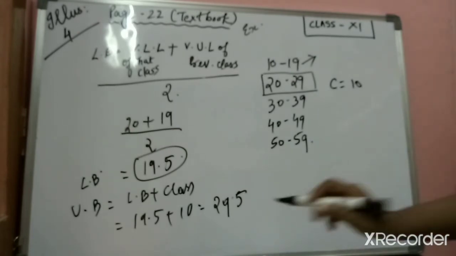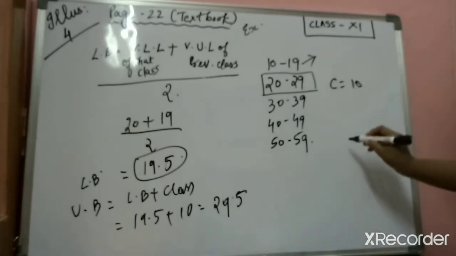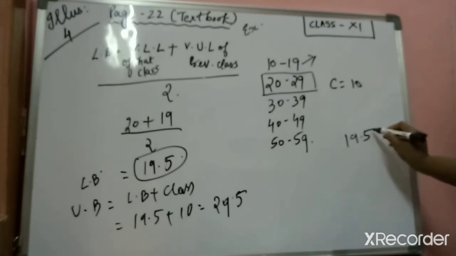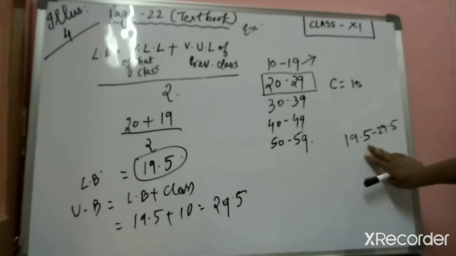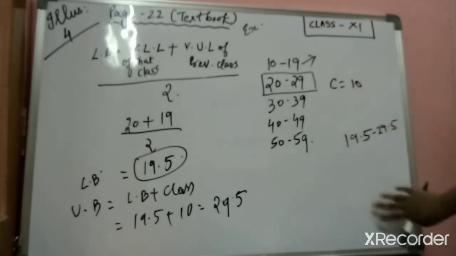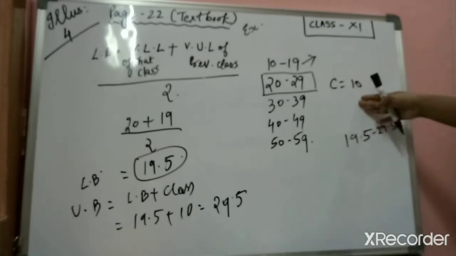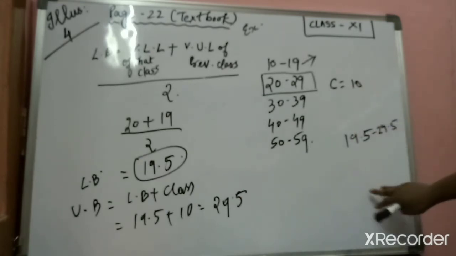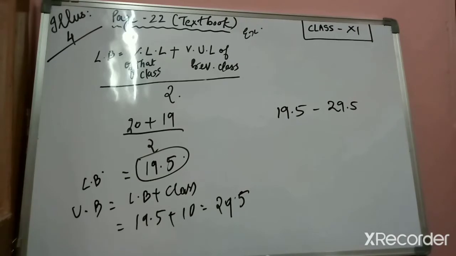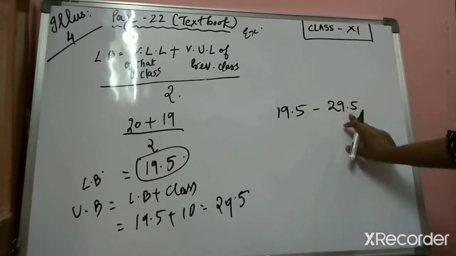Clear with this? So one of our classes, that is your second class, would be like this, 19.5 to 29.5. Okay, so now from this you can move ahead also and move forward. Go to the previous class, find out the previous class also, and find out the succeeding class. Clear?